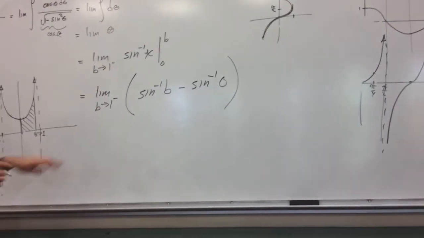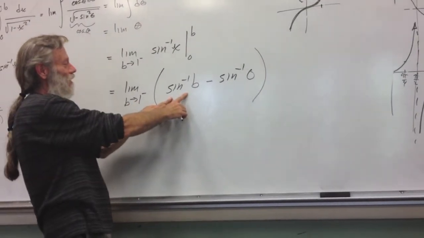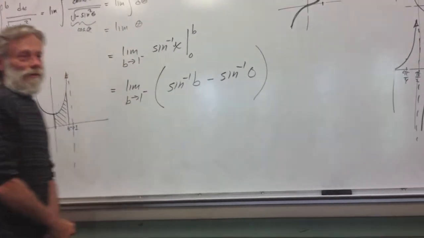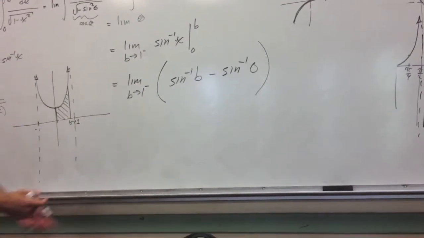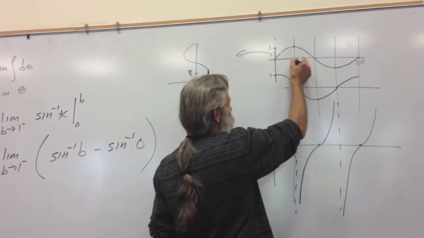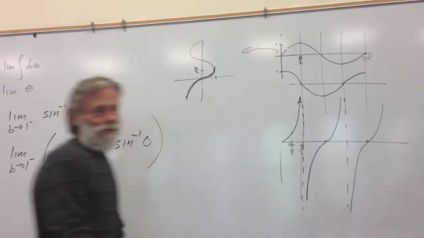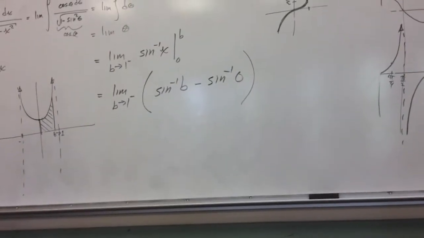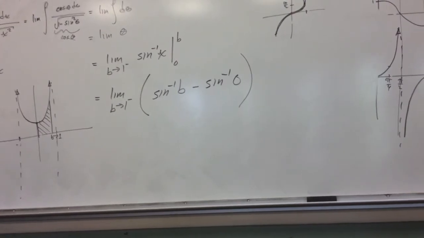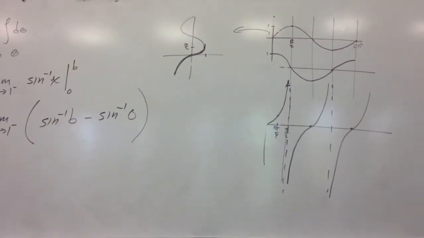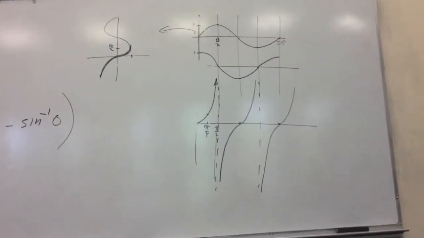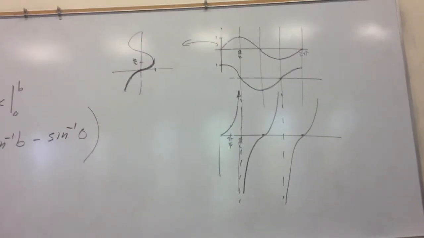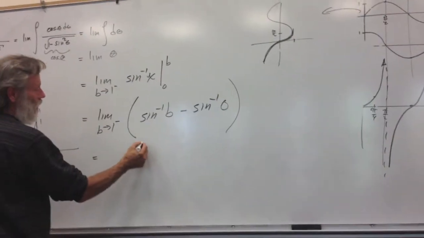Or you say I need the angle whose sine is 1, and right here the sine is 1, so it is pi over 2. Either way. So the answer for this is pi over 2.